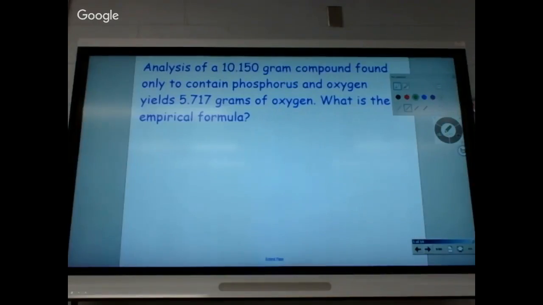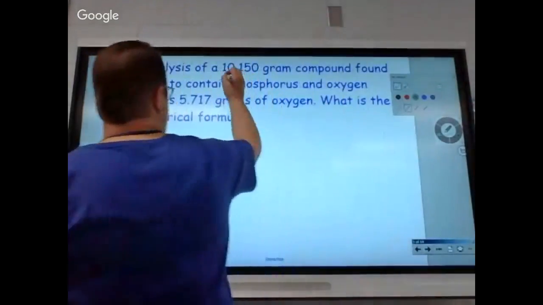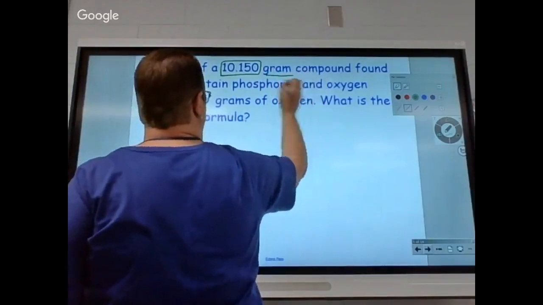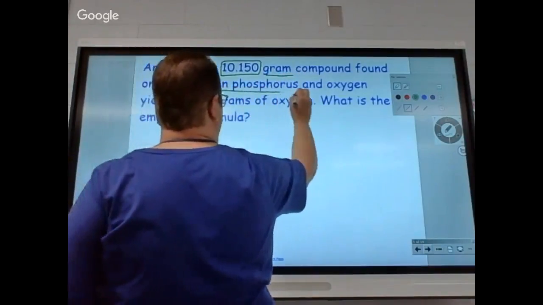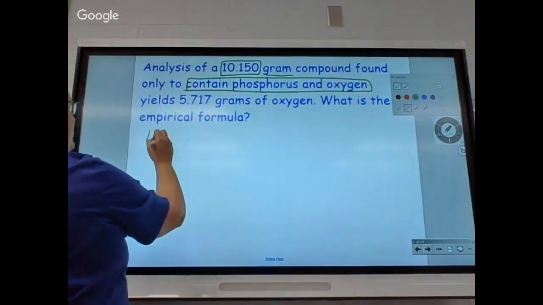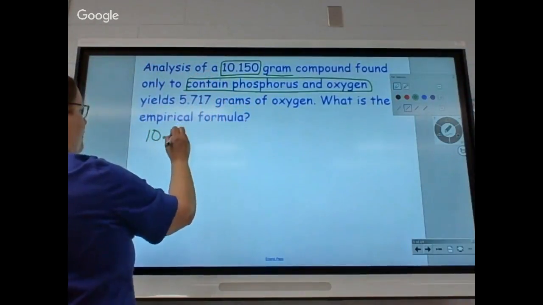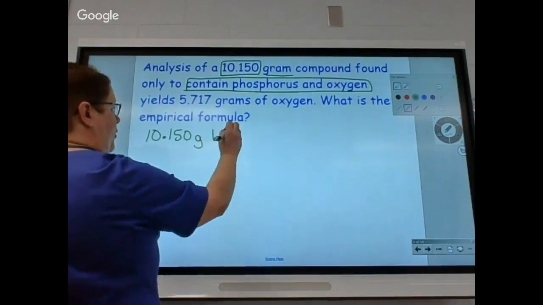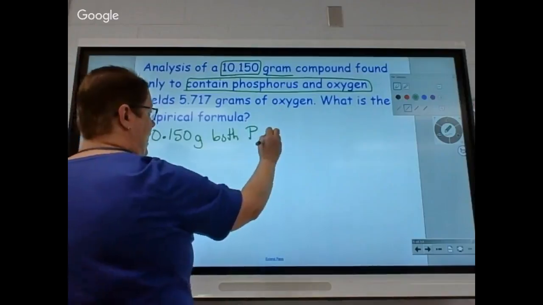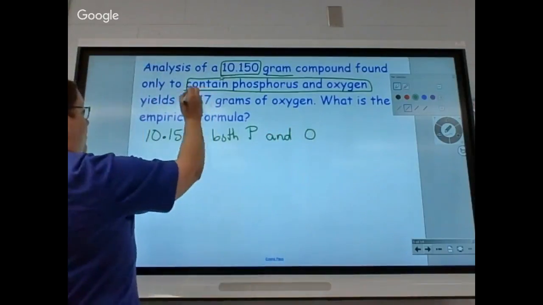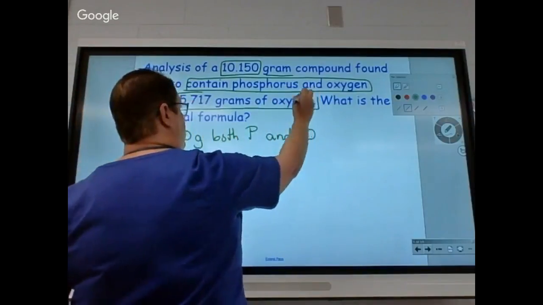All right. So when you look at what you have here, see how it says this 10.15 gram compound contains phosphorus and oxygen. Okay, so it's saying that 10.150 grams is both phosphorus and oxygen. But this is only what?